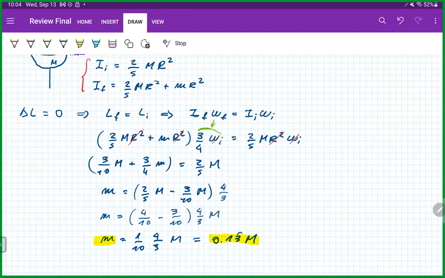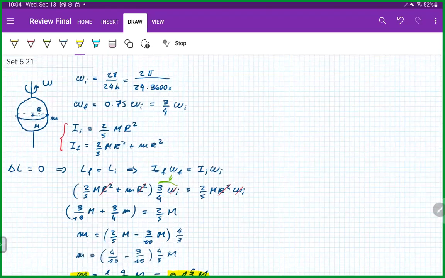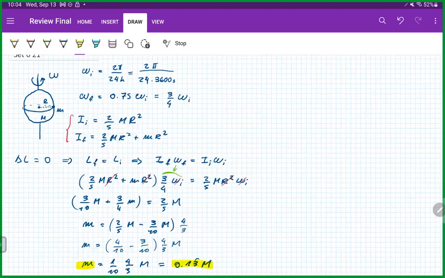As you've seen, basically what we're doing here is calculating the moment of inertia before and after the collision. So it's just like adding an extra particle of mass m to your system that's rotating, and of course that will change the moment of inertia.